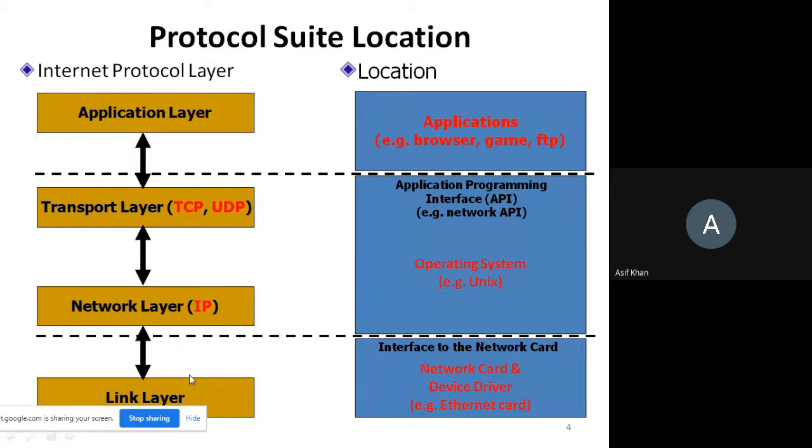Below this, we have the link layer. The application layer is managed by the user, and the transport layer and network layer are present in the operating system. So our application uses these layers from the operating system, right? And in the link layer, we have the network interface card that is used to connect to the network.